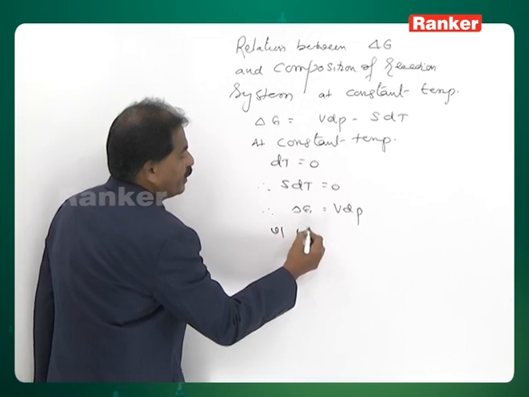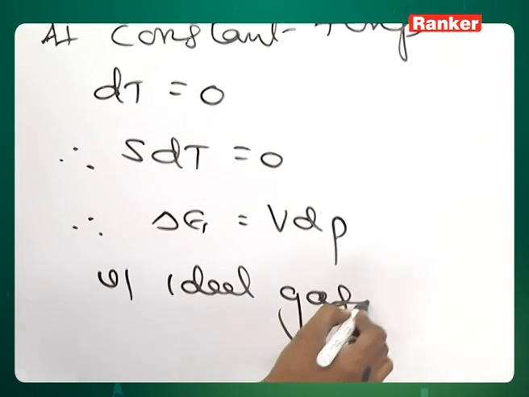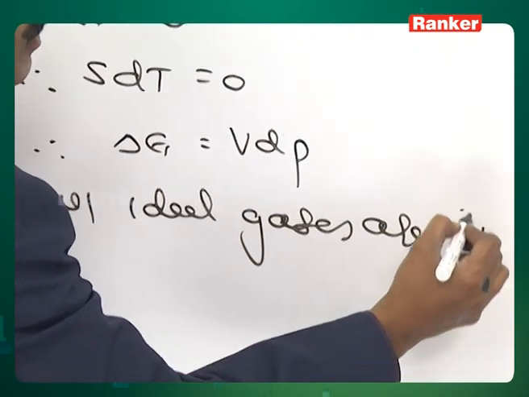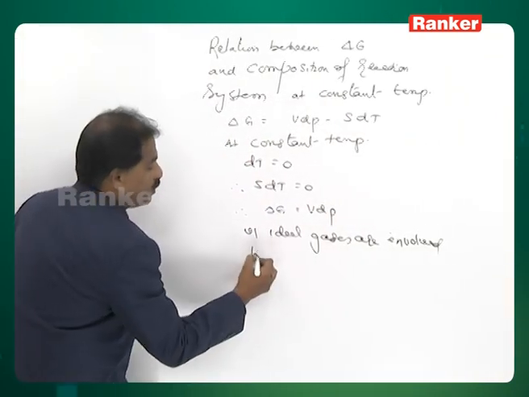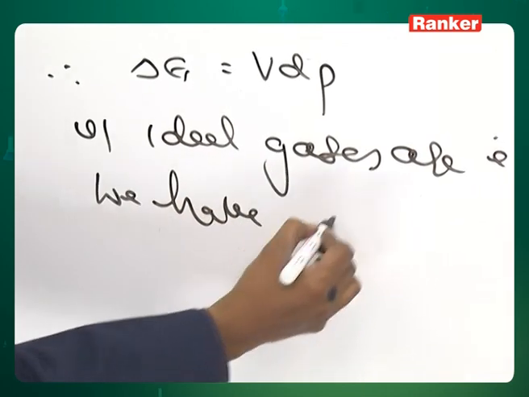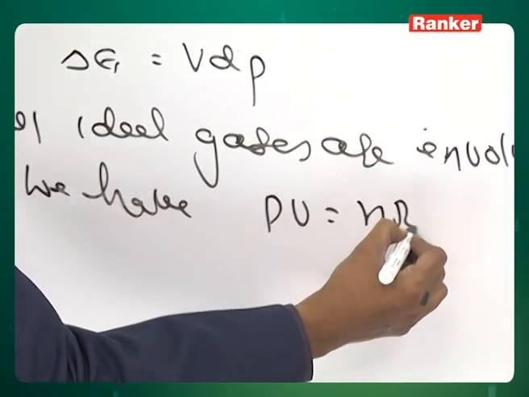Next, if ideal gases are involved, we have PV is equal to nRT.